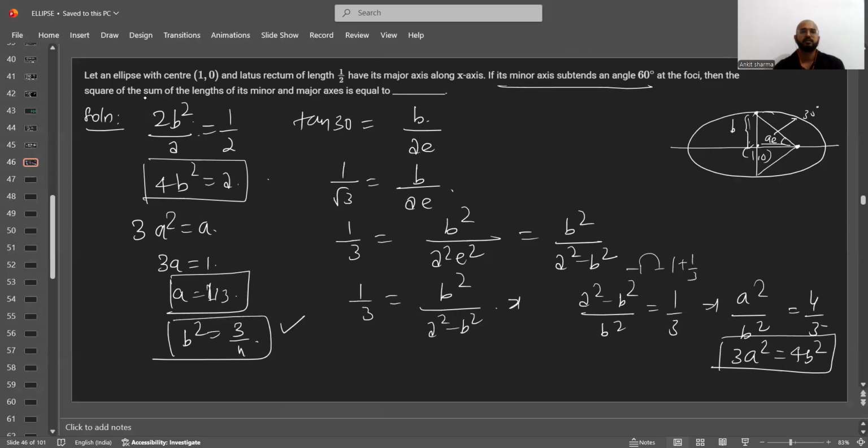Now what do we need? The square of the sum of the lengths of its minor and major axis. The sum of the lengths is 2A plus 2B, this being squared. When I square this, I get 4A square plus 4B square plus 8AB. Now I can plug in all the values I have here. 4B square is simply A, and it's better to plug in the values instead of doing all the simplifications.